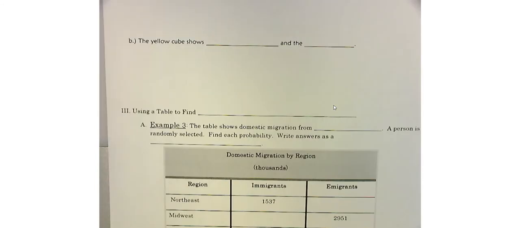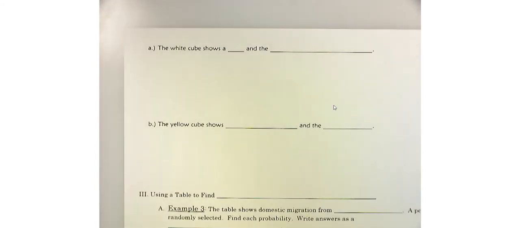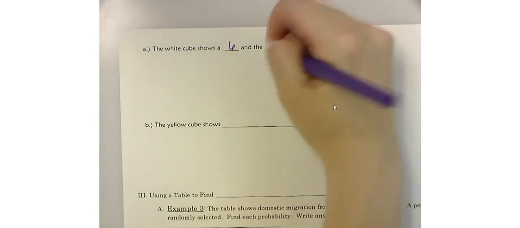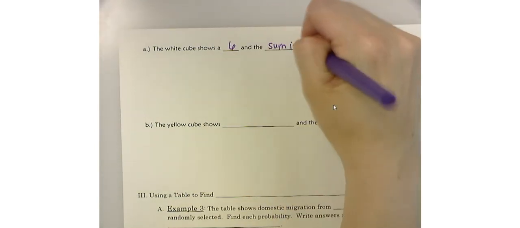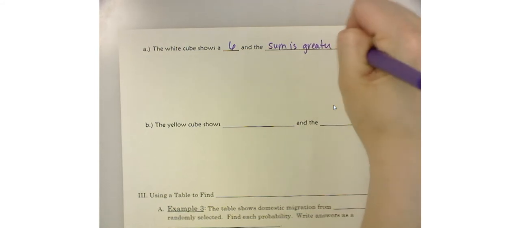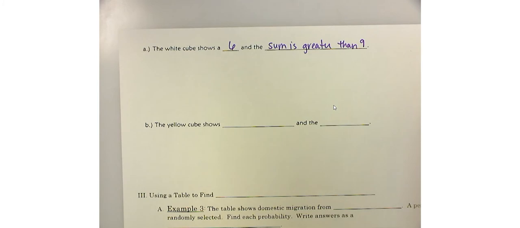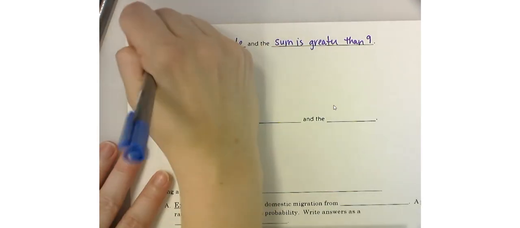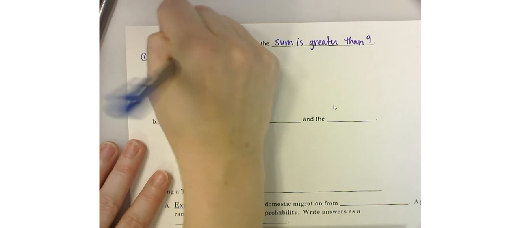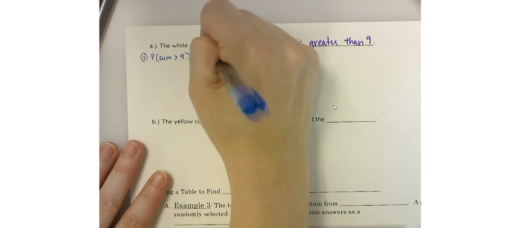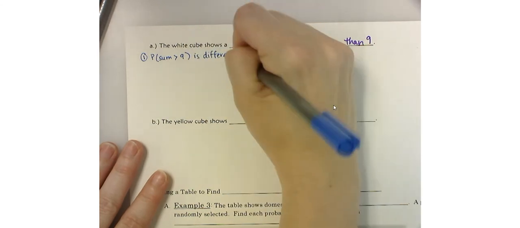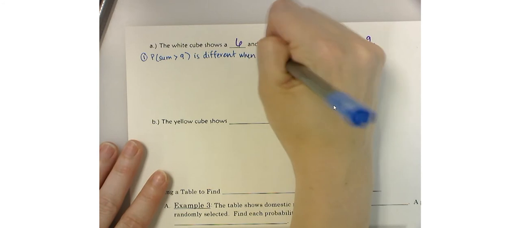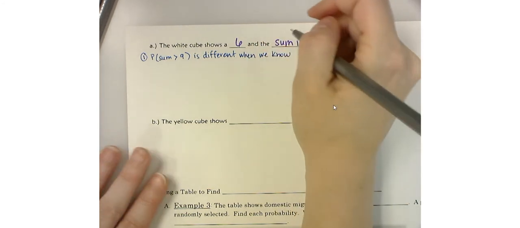Okay, so the first step is to explain why the events are dependent. So the probability that the sum is greater than 9 is different when we know that a white 6 has already been rolled.